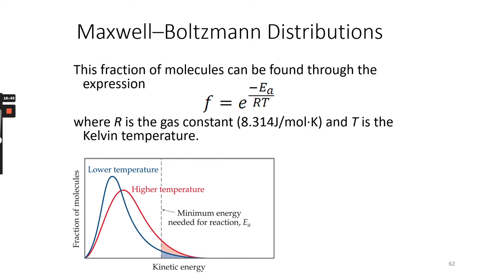So if you remember the Maxwell-Boltzmann distribution, it's this range of kinetic energies. Okay, and if we want to know the fraction of molecules, which is f, it can be found through an expression like this. So e to the negative, remember Ea is your activation energy, and it has to be in joules.